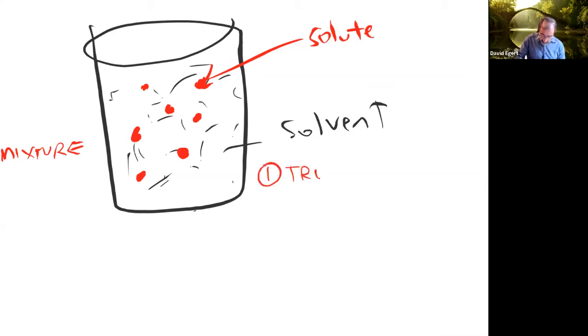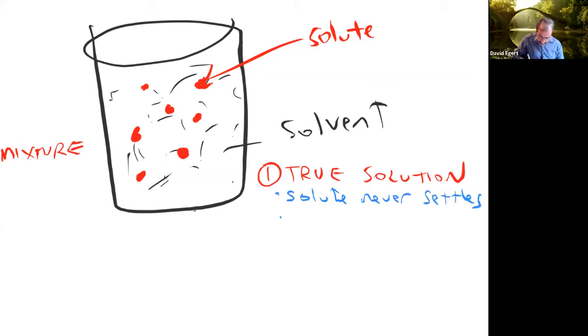It can be a true solution. When we talk about a true solution, this is what you get when you're dissolving sugar in water or salt in water. The hallmarks of a true solution: the solute never settles and does not scatter light, which means it's transparent.